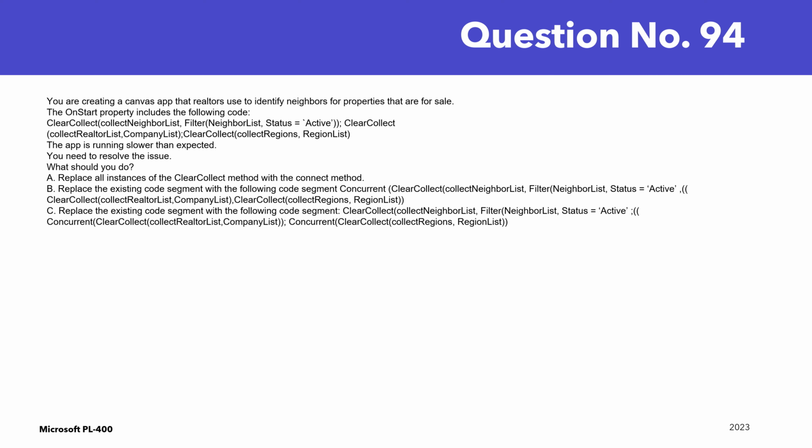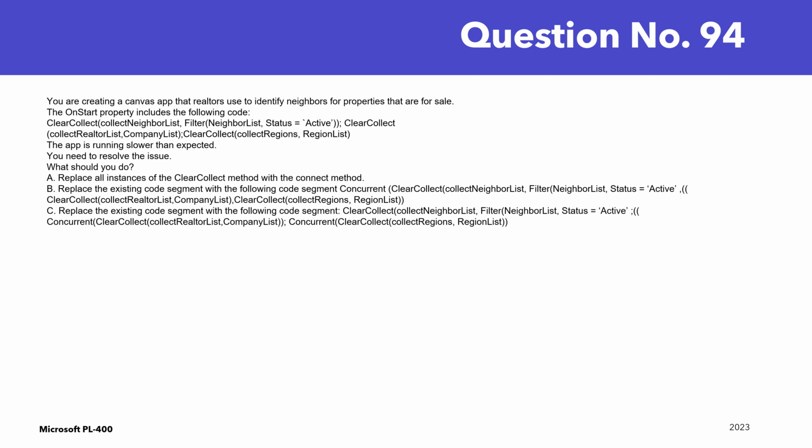What should you do? A. Replace all instances of the ClearCollect method with the Connect method. B. Replace the existing code segment with the following code segment: Concurrent, ClearCollect neighbor list, Filter neighbor list, status equals active, ClearCollect realtor list, company list, ClearCollect region list.